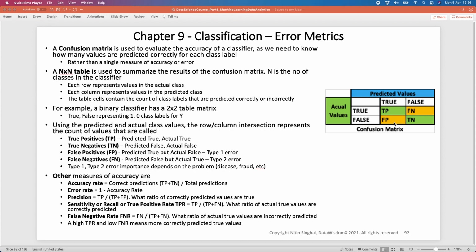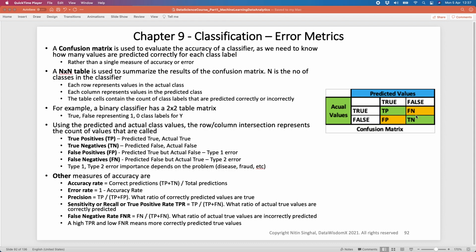Now, in this case, if it's a simple disease, like a severe cold or a stomach upset, maybe, even if you get treated for it, maybe the side effects or the impact on the patient would be limited, but you still don't want that. I mean, you don't want to give medicines for a disease which you don't have. However, if it was a severe disease and you got unnecessarily treated for it, you could have a fatal problem. So you don't want that. So the type 1 error is important.